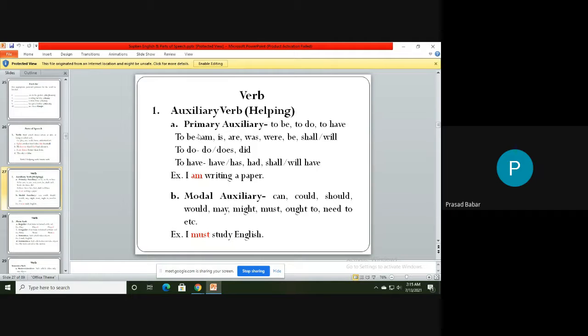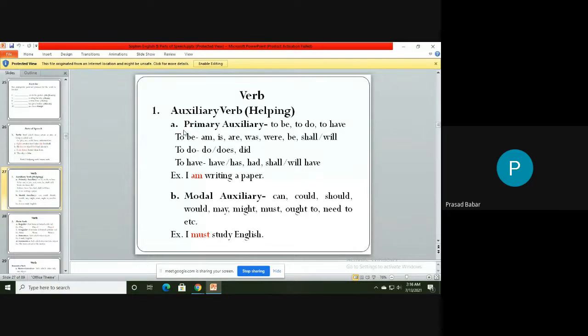Auxiliary verbs are used in a sentence before the main verb. So auxiliary verbs come before the main verb to complete or to give meaning to the sentence. So let's discuss the auxiliary verb first.